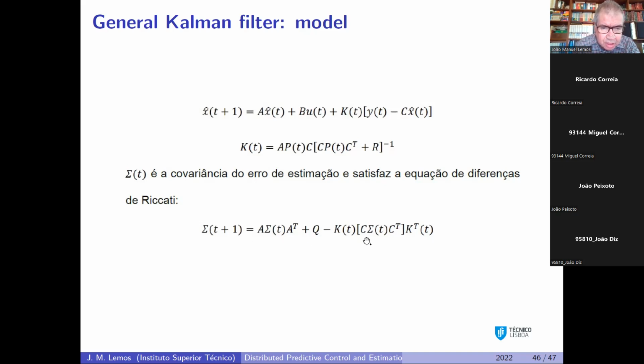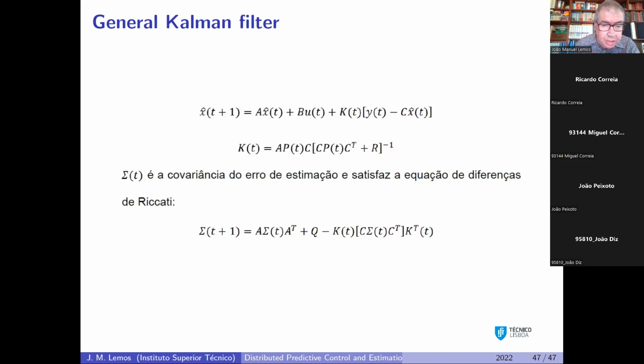Look that this equation is quadratic because there is K and K transposed, and K depends on P, so there will appear squares of matrices here. The MATLAB function DLQE does these computations for you, so you don't have to bother about solving these equations.